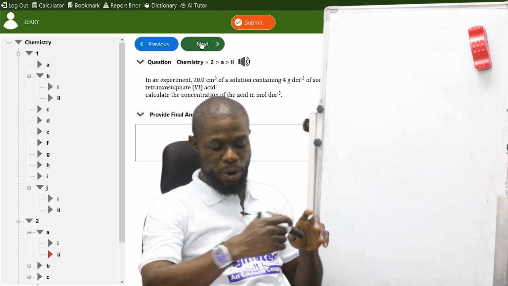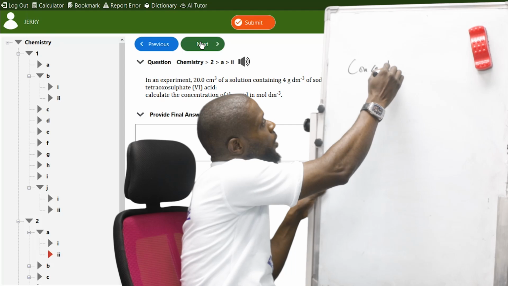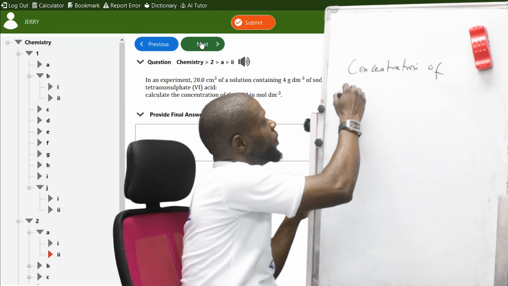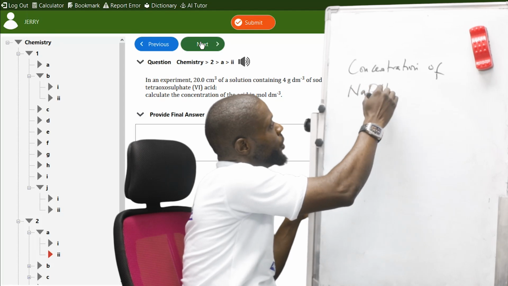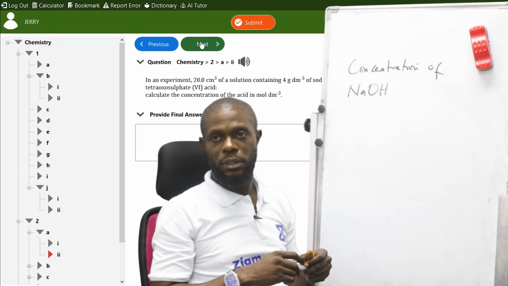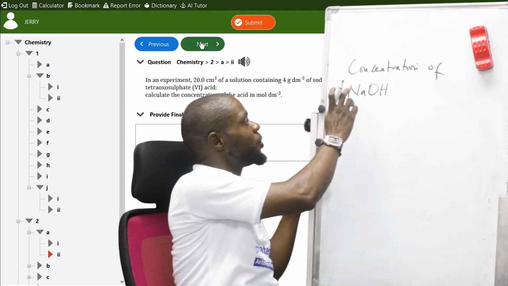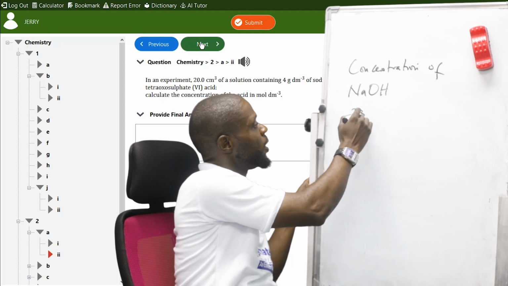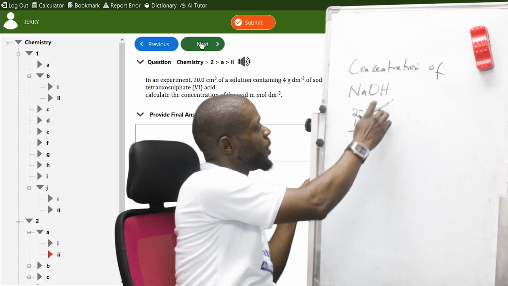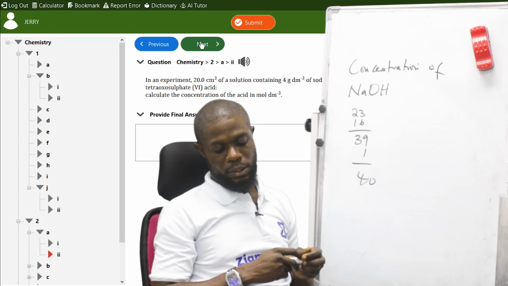So NaOH, the molar mass of NaOH is 40. Sodium is 23, oxygen is 16, that is 39, hydrogen is 1, that is 40. Those are their molecular masses.